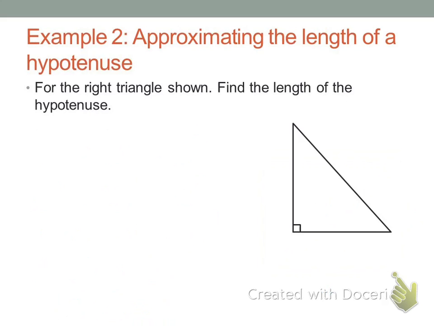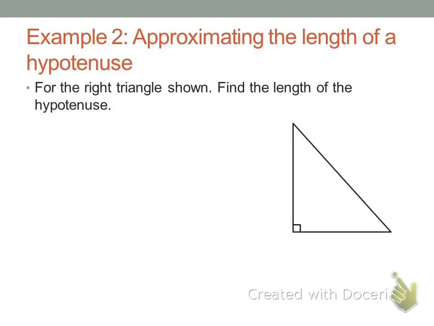In example 2, now we're approximating the length of a hypotenuse. So the only difference here is going to be the fact that my answer is not going to come out to a whole number like it did in example 1. Well, I learned in 11.2 that I can approximate my answer by rounding to the nearest tenth or hundredth. All right, most of the time I'm going to round to the nearest tenth.